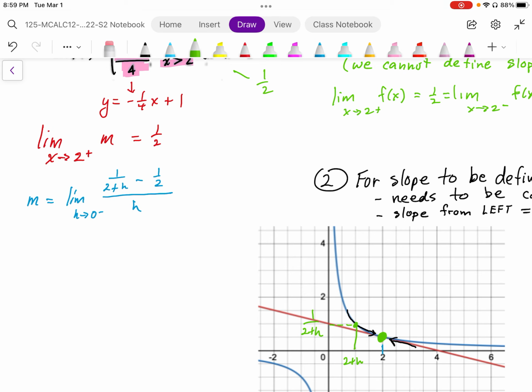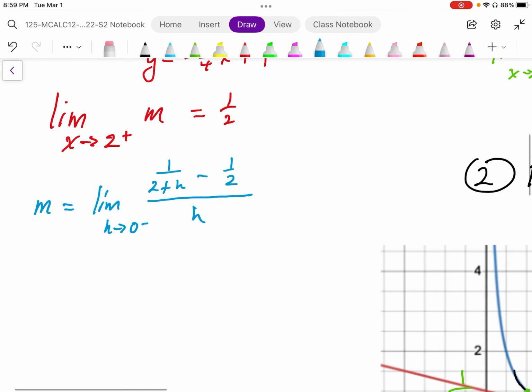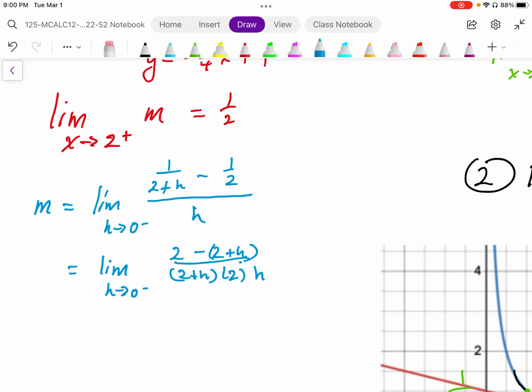Okay, so then I can work out this limit. It's going to be the limit as h approaches 0 from the negative side. I'm going to get a common denominator, so I'm going to do 2 minus 2 plus h all over 2 plus h times 2, and then I'm going to put the h in the denominator here.